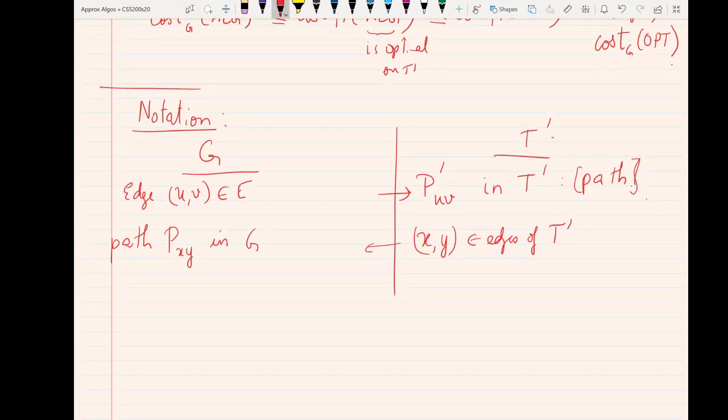And further, in the T prime world, when I'm solving the algorithm, I use some capacities on the edges. This is in the optimal solution in T prime, because we translated the instance to T prime and we can solve it optimally here. It uses some capacities.